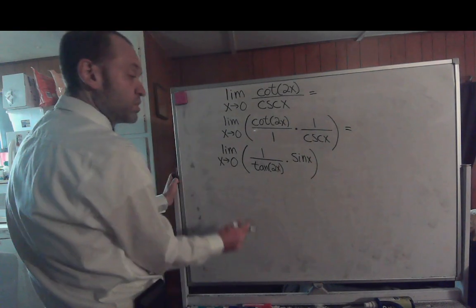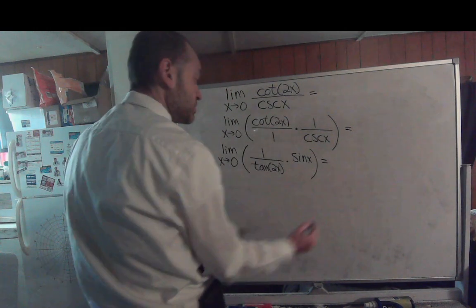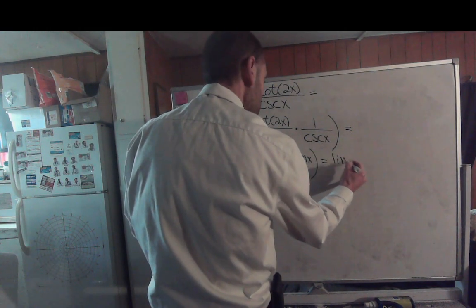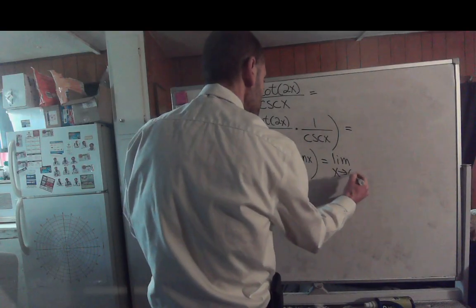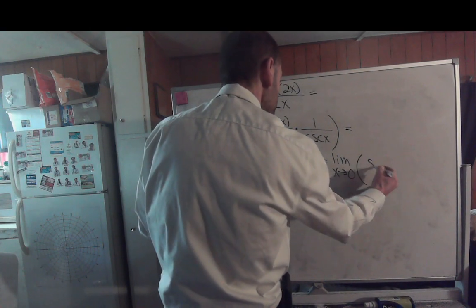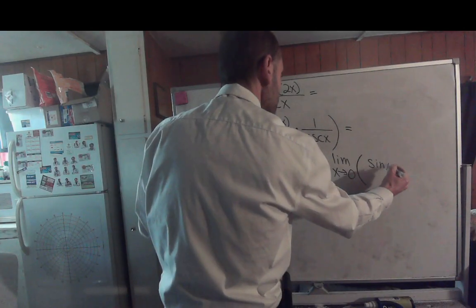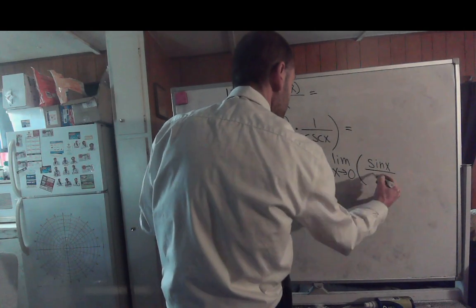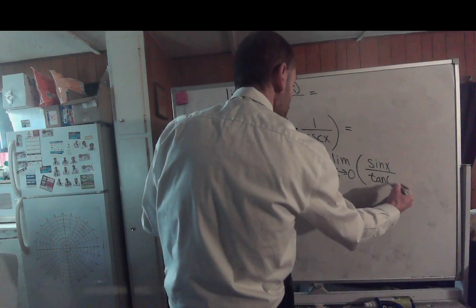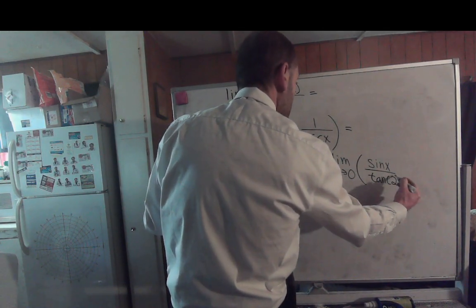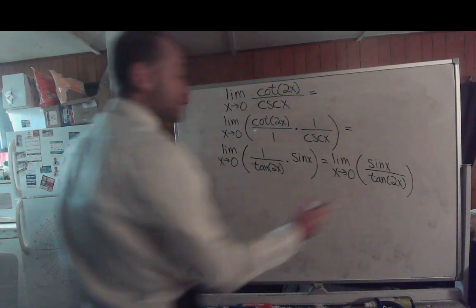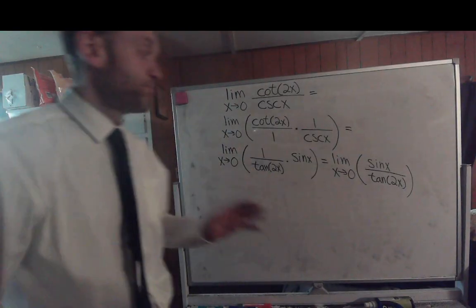So let's show you what you're really working with here. This would turn into the limit as x approaches 0 of the sine of x divided by the tangent of 2x. Well, now all of a sudden we got this in a form we can kind of understand.